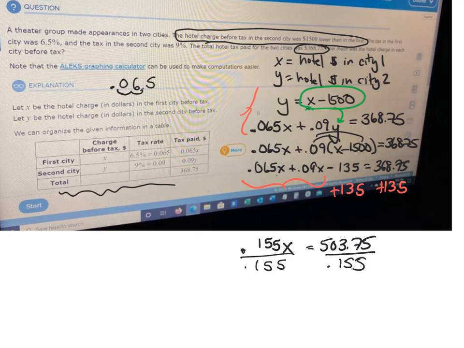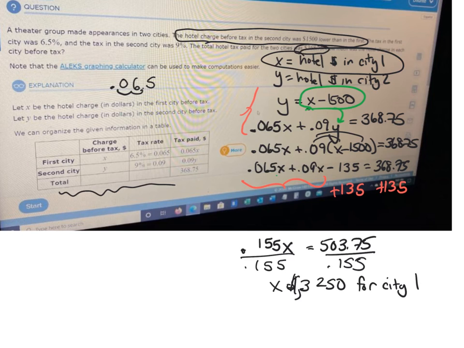Now we have to figure out what x is. So x is 3,250, and x is the price of the hotel in City 1. So $3,250 is the price for City 1.